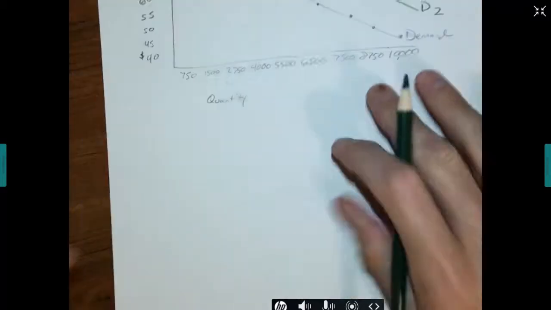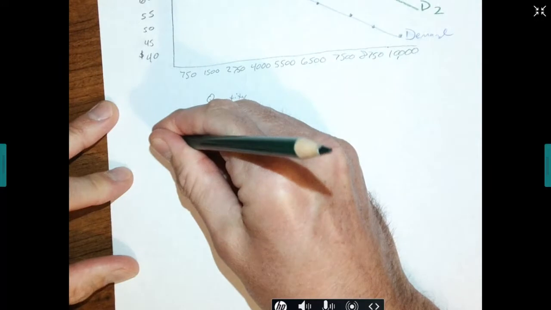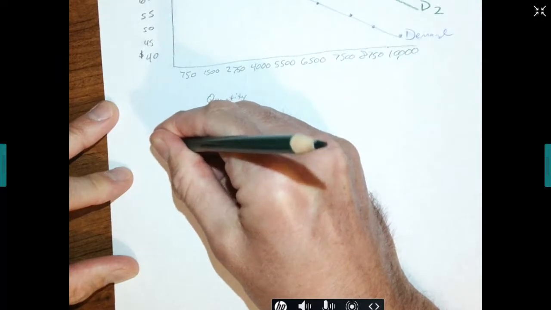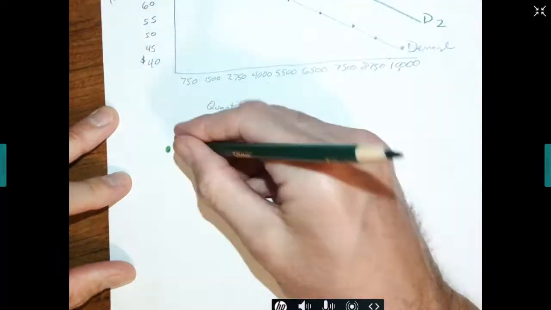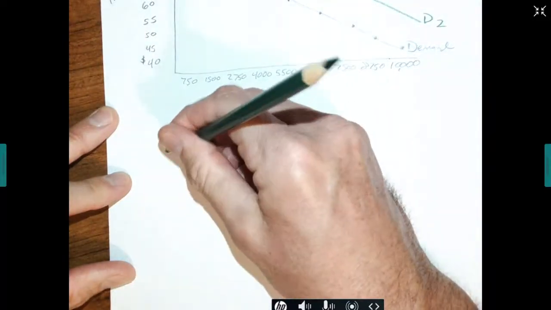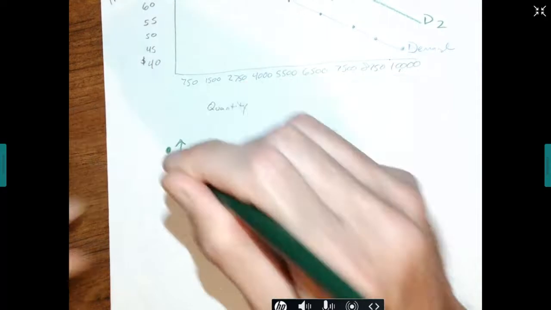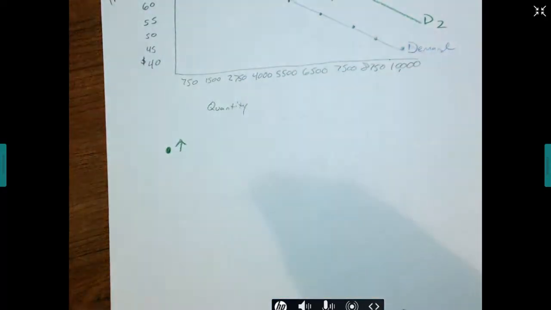And what could cause an increase in demand? You know, let's say it becomes more popular. So increase in popularity, or you could say that there's an increase of the population. There's more people that want to have this. These are different things that could increase the overall demand.